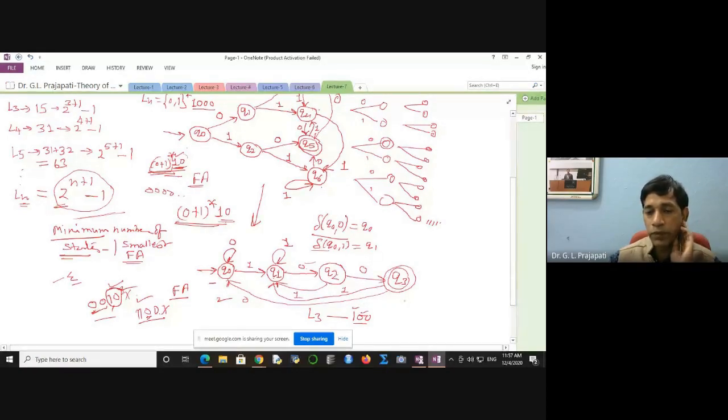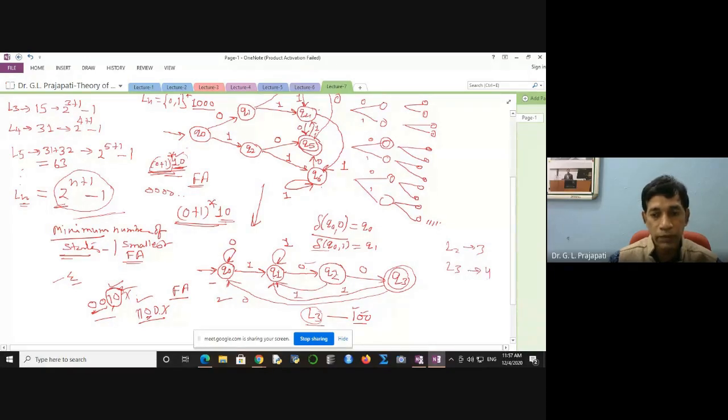And what question is that for learning, for remembering the last three symbols in the language L3, how many states you need? 4. For learning the L2, earlier you had 3 states. For the L3, now you have 4 states.